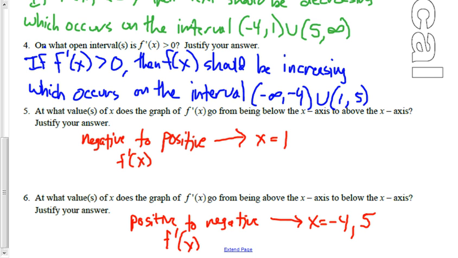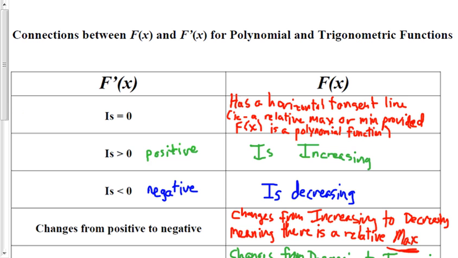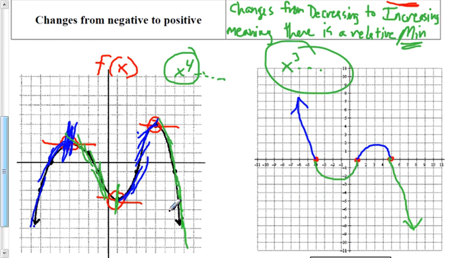Those are our two values. And let's go back to our previous graph that we did pretty quickly, and let's look at, so hey, negative to positive at x equals 1. Right down here, sorry, +1, it goes from negative to positive. And then over here at -4, it goes from positive to negative, and at 5, it goes from positive to negative. So what does that tell us? That tells us where our zeros are.